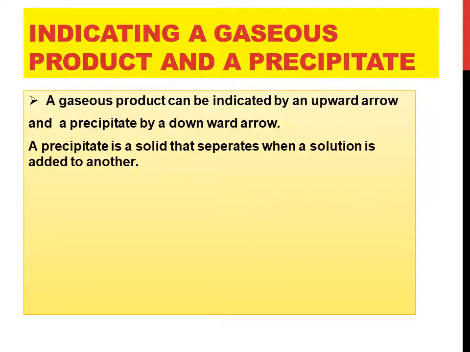Now, what is a precipitate? It is a solid that separates when a solution is added to another. So the definition you should remember: a solid that separates when a solution is added to another is a precipitate, and it is indicated by a downward arrow in any chemical reaction.